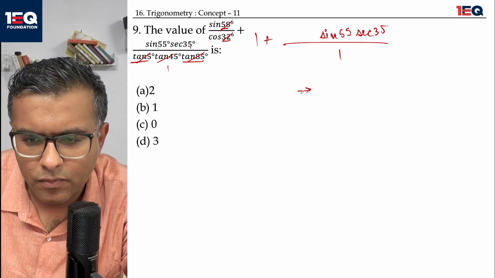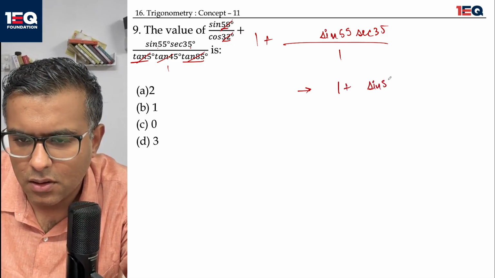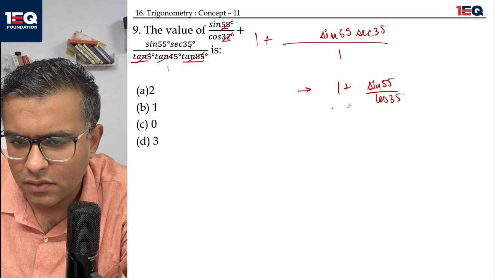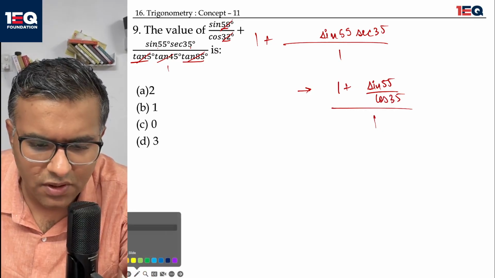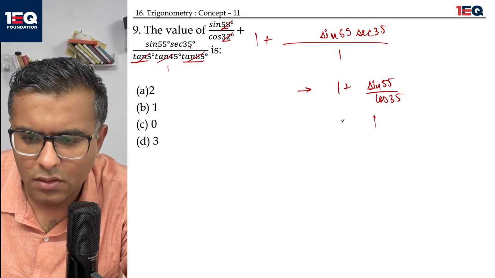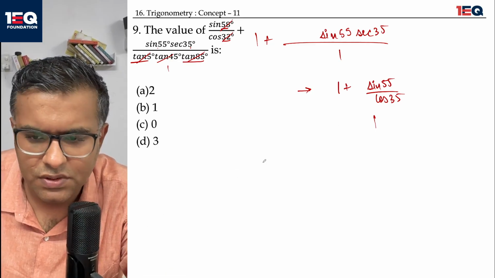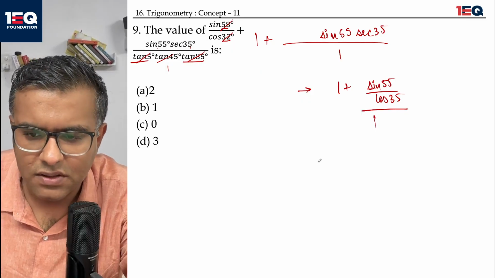Now I'm sitting at this sine 55 over cos 35 whole over 1. Why do I do whole over 1 all the time? There is no requirement of doing it. Let's only use this sine 55 upon cos 35.